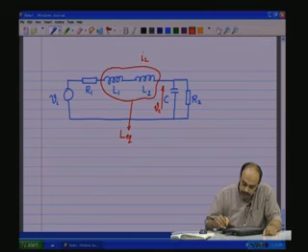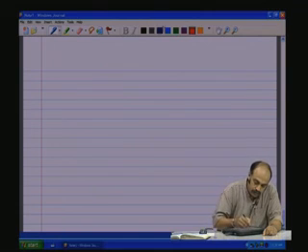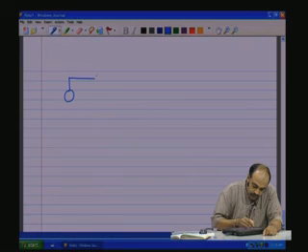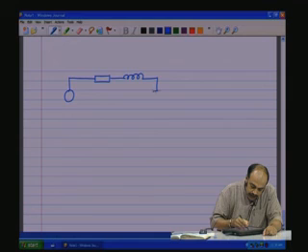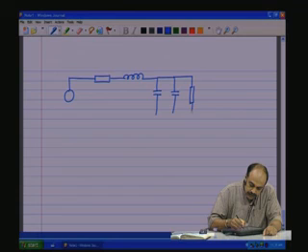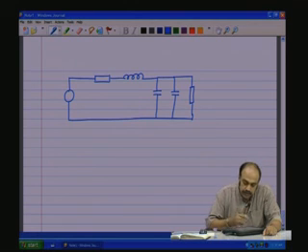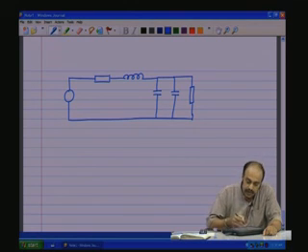The other problem could be something like this. I have an R, an L, a C, another C, and a resistance. This also could lead to a conflict in deciding the number of state variables.